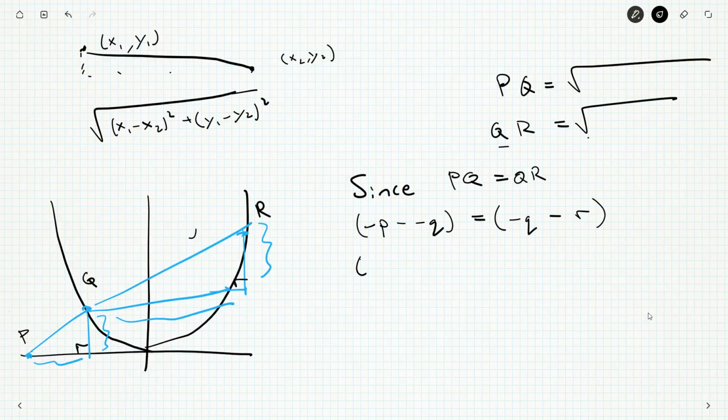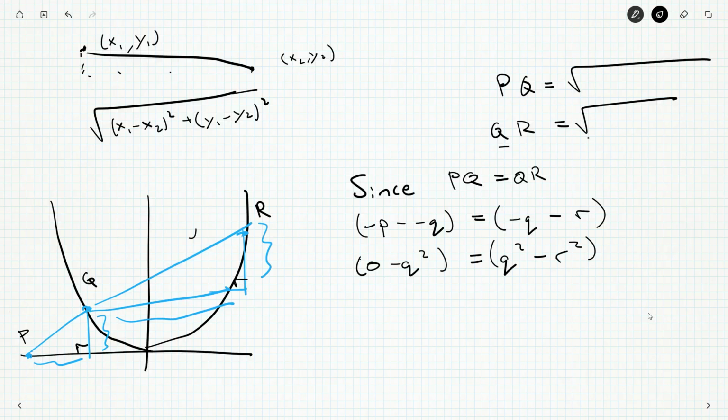And we can also say from 0 to Q squared is the same as from Q squared to R squared. Now we know Q squared and R squared a little better than this. But does this give us anything new?